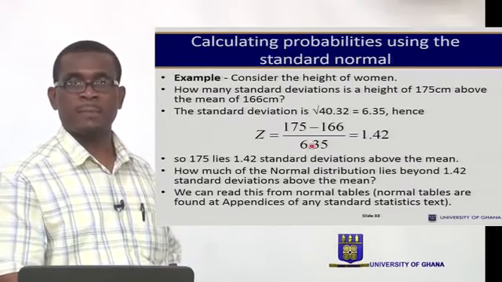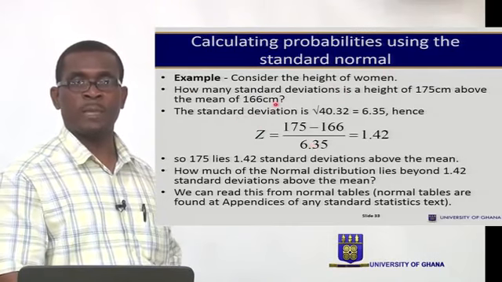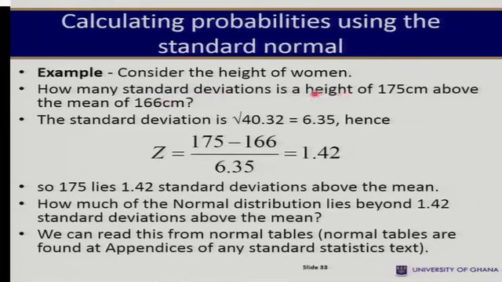Let's say that we consider the height of women, and we want to find how many standard deviations the height of 175 centimeters is above the mean of 166 centimeters for women. Recall that we saw that the variance for women is 40.32, so the standard deviation must be 6.35.